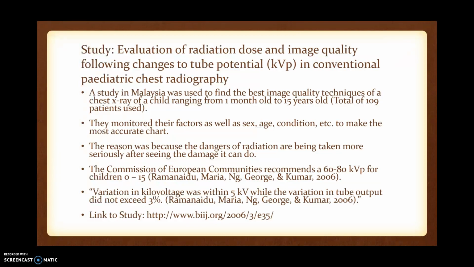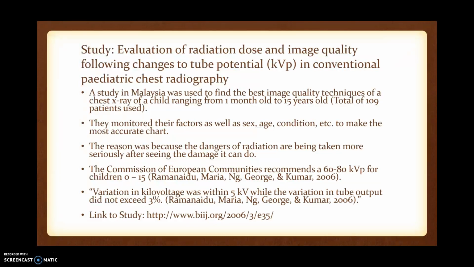So kind of like how AEC is for us, that's what they were trying to achieve. When they took an x-ray of the kid's chest, which was either AP or PA or even both, they took into account the factors that were used, the sex, age, condition, and wrote that down to keep documentation of each.